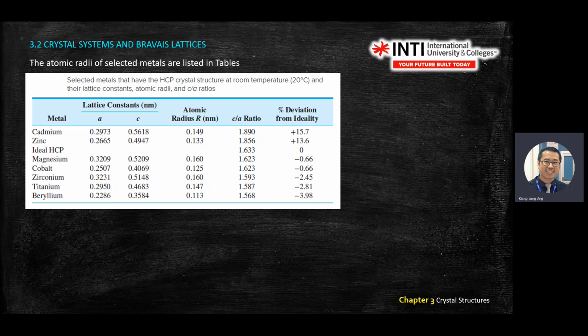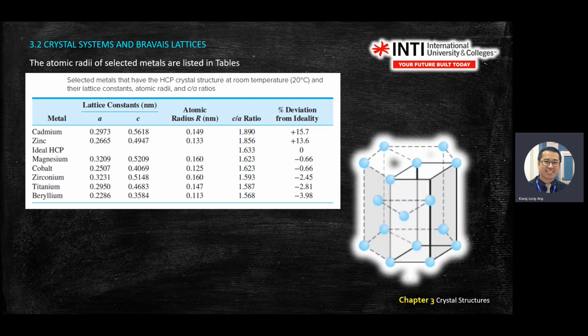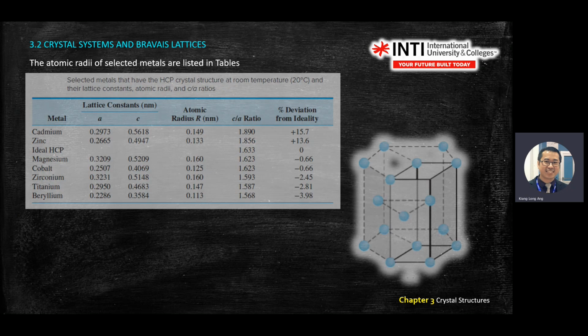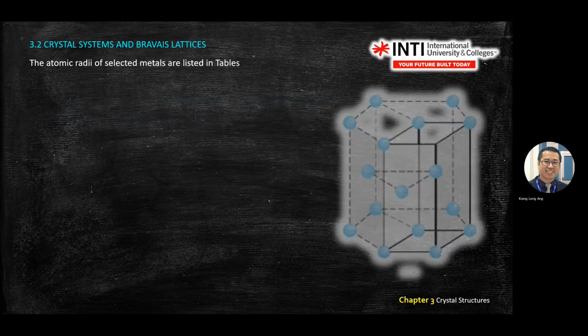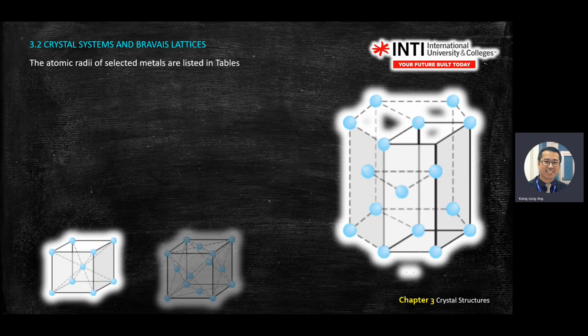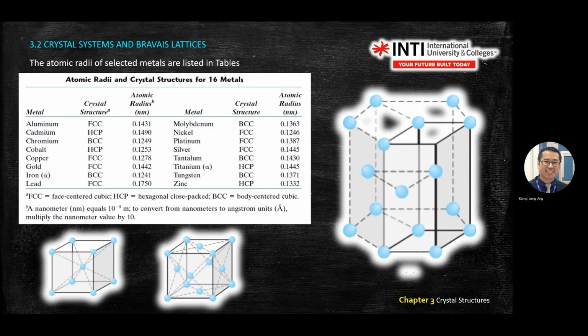This one is the HCP. This table is for the HCP structure and so on. So you have A, B, C, and R. Later I will tell you what A is, what C is, what the A to C ratio is, and so on. And there's one more table.